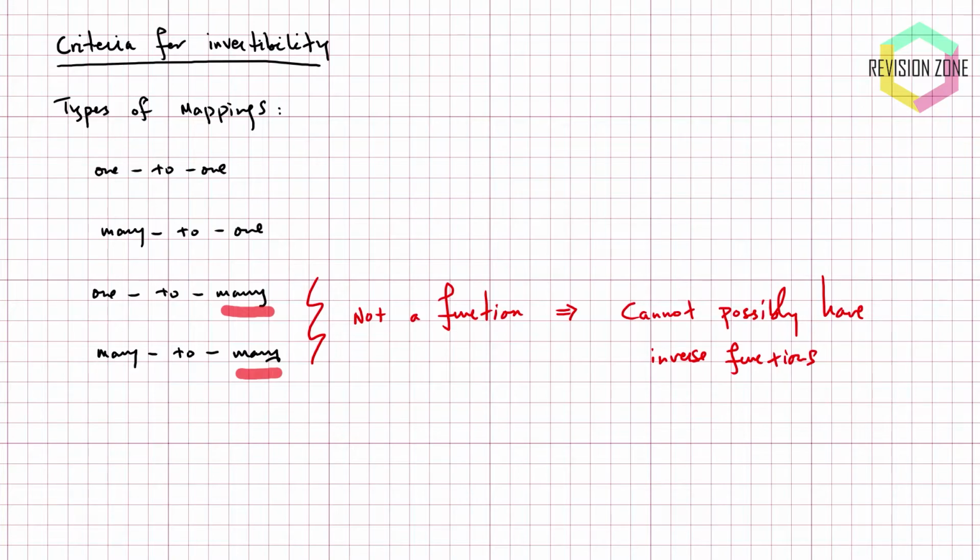So now we just have to think about these two cases, and we need to be a bit careful. So let's think about this case here. So we know that a many-to-one mapping is basically another way of saying it's a many-to-one function. In other words, many different inputs can map to the same output, and that's completely fine because each input would still have just one output.